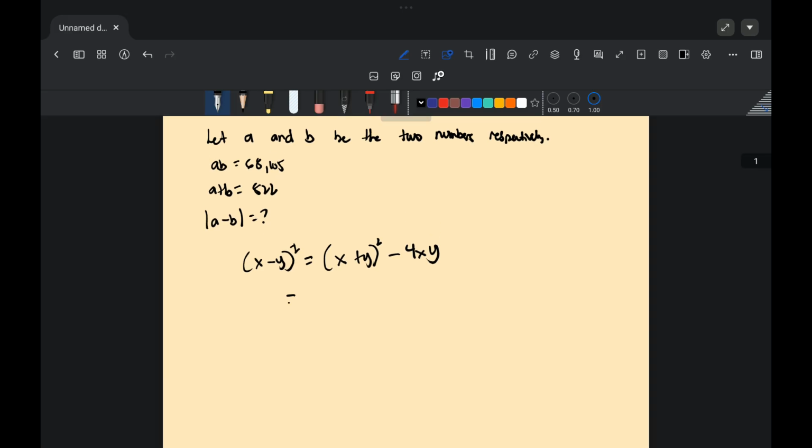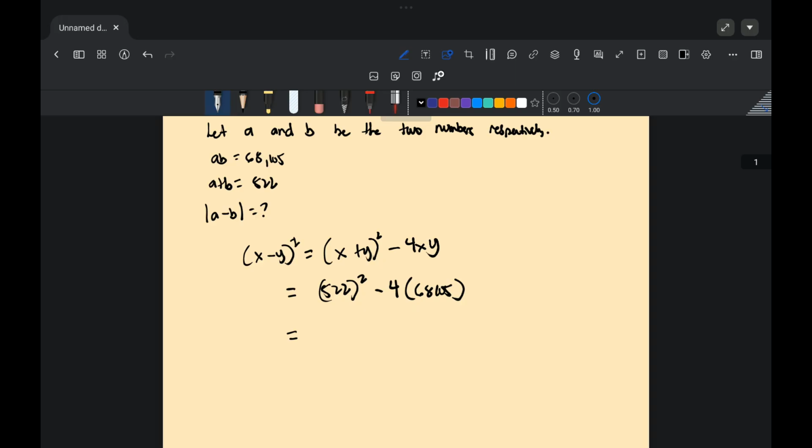So substituting all the values, we have 522 squared minus 4 times 68,105. 522 squared is equal to 272,484, and 4 times 68,105 is 272,420, and it will give us an answer of 64.